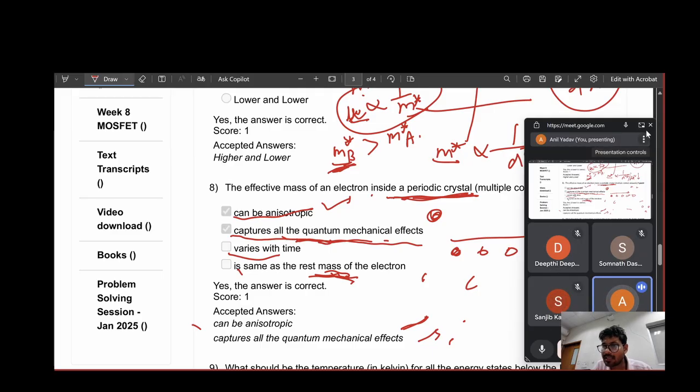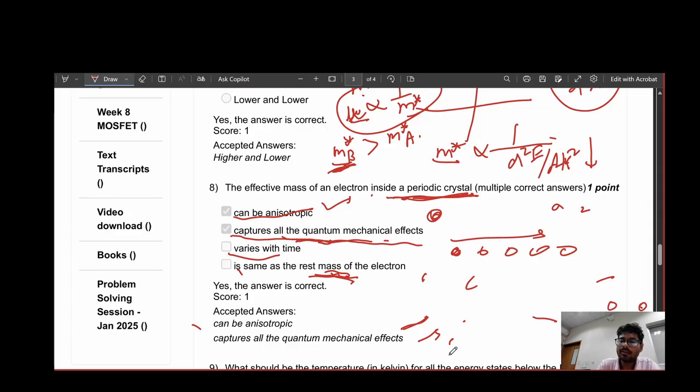Acha, Somnath, you were asking something, right? Yes, sir. In a periodic crystal, it won't depend on time, because it will find the same set of periodic potentials.